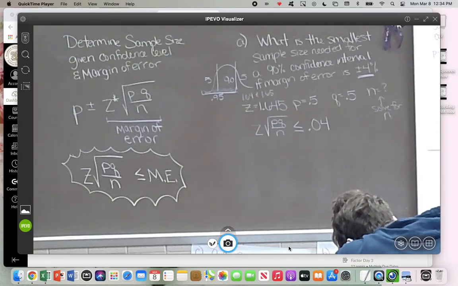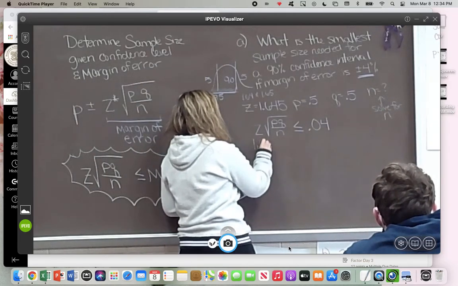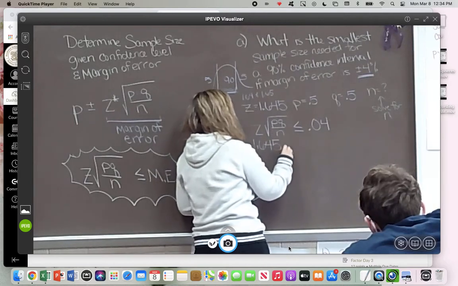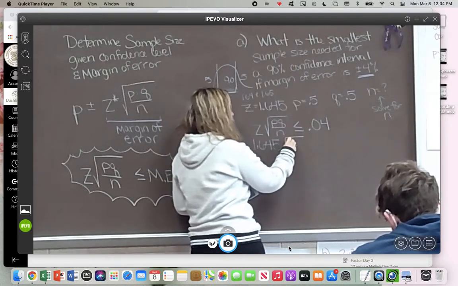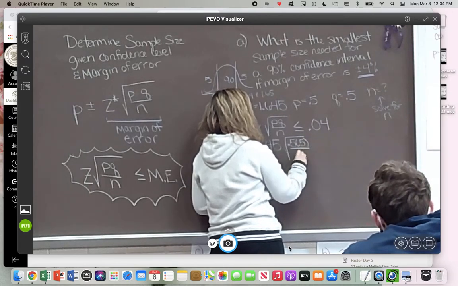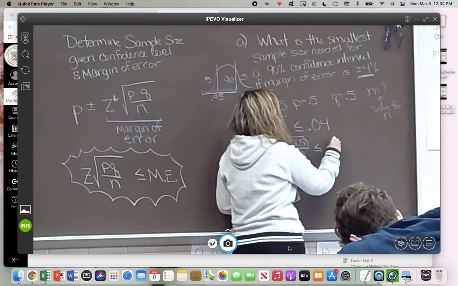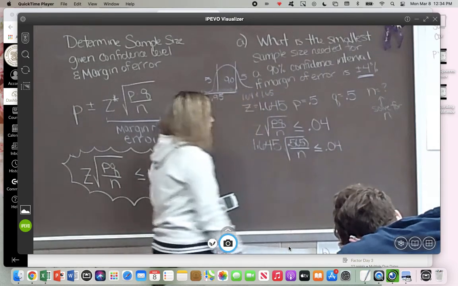So we got to be right at 4% or smaller than 4%. So let's plug in what we know. We know Z is 1.645. We know P and Q are both 0.5. We don't know our sample size. That's what we're trying to find. And we want it to be here.